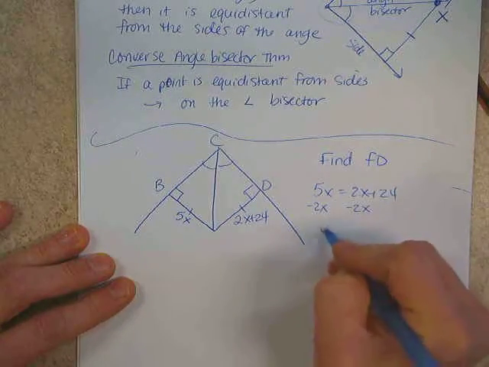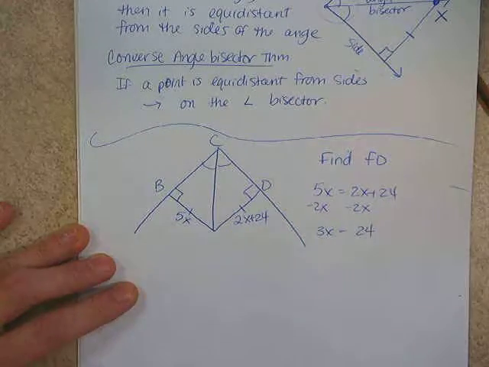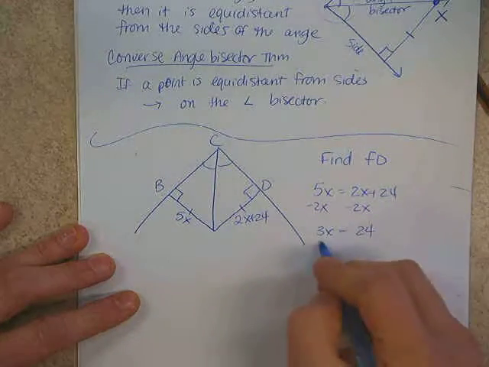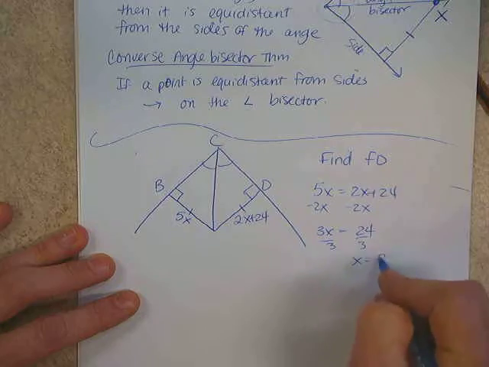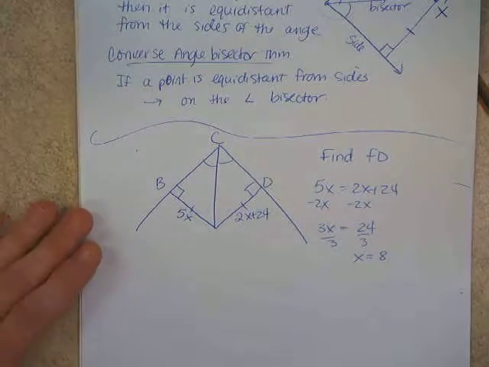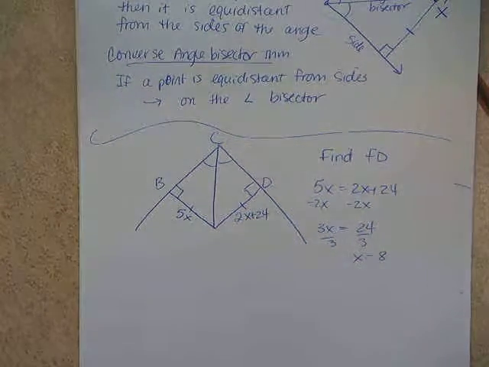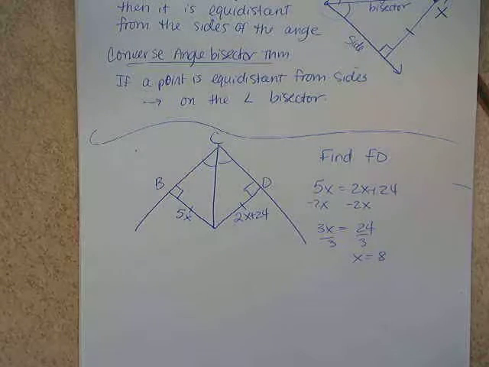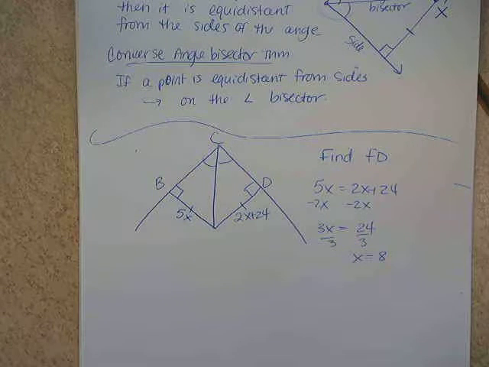5x equals 2x plus 24. The rest is algebra. So we have 3x equals 24. X equals 8. And what do we do to find FD?